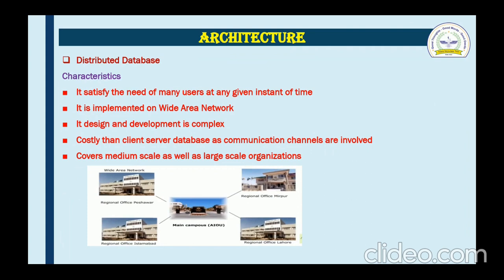Number 2, it is implemented on a wide area network. Number 3, it is complex to design and develop. Number 4, it is costlier than client server database as communication channels are involved. Number 5, it covers medium scale as well as large scale organizations.